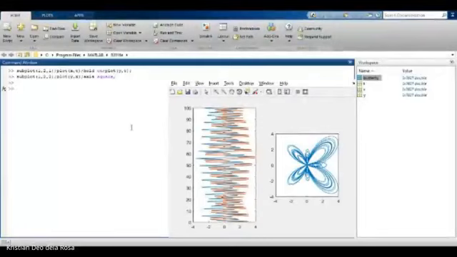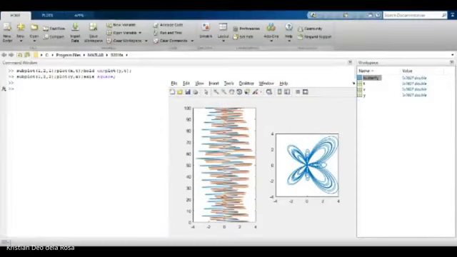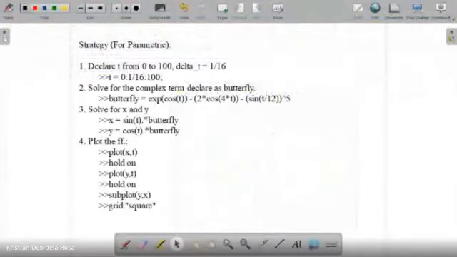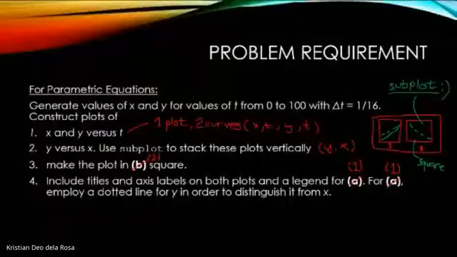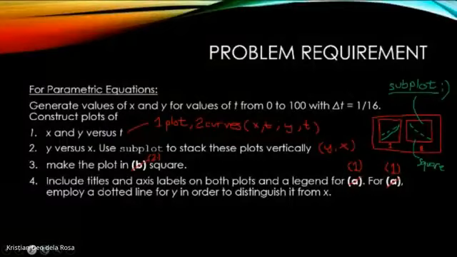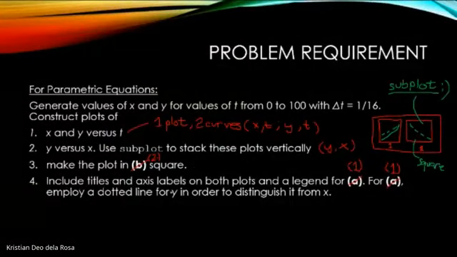So next, proceed naman tayo sa ating PowerPoint. So, okay na tayo dyan lahat. So, check natin yung ating PowerPoint. So, yung task natin is to make the plot be in square and include titles and axis labels in both plots and a legend for number 1.